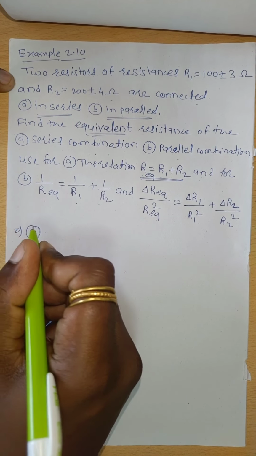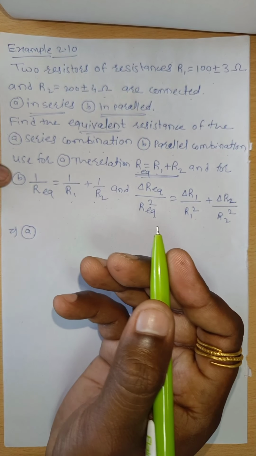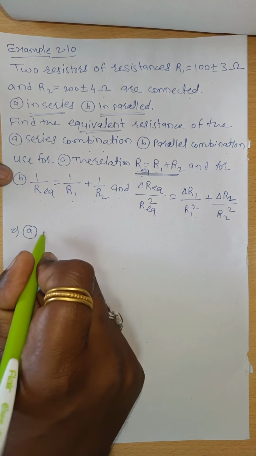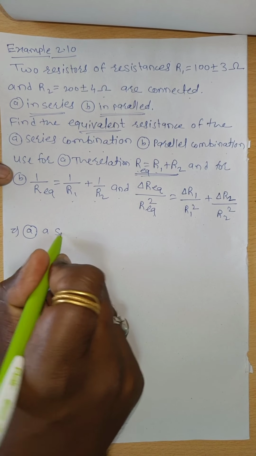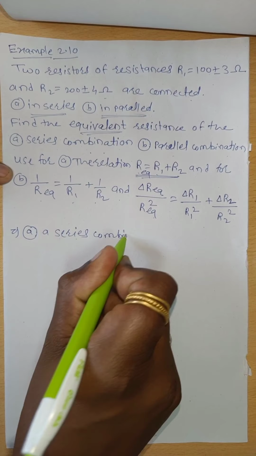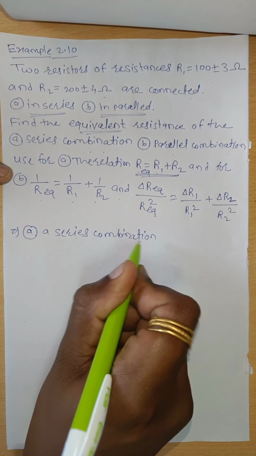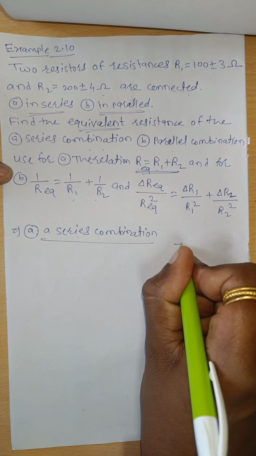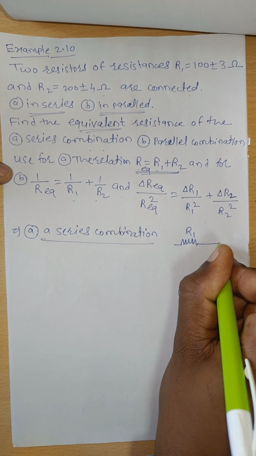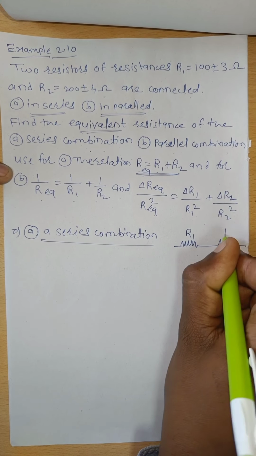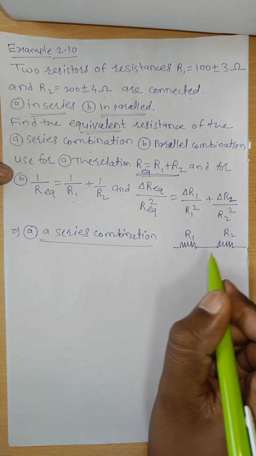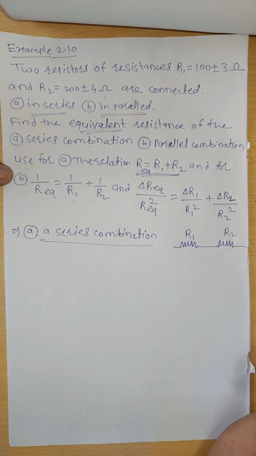Now first, when resistances R1 and R2 are connected in series. A series combination. Suppose one resistance is R1 and another resistance R2, connected in series. Then we have to find out their equivalent resistance.